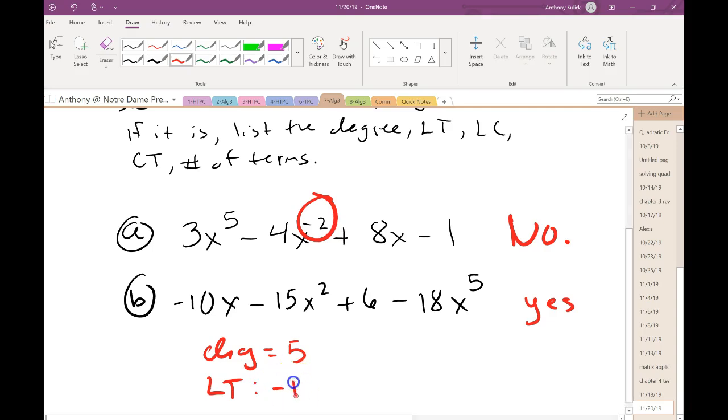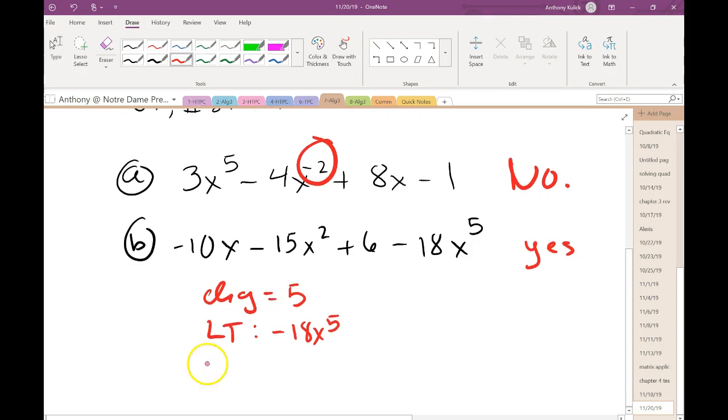So it's negative 18x to the fifth. What's the leading coefficient? It's not 6. It's negative 18. It's the coefficient from the leading term.